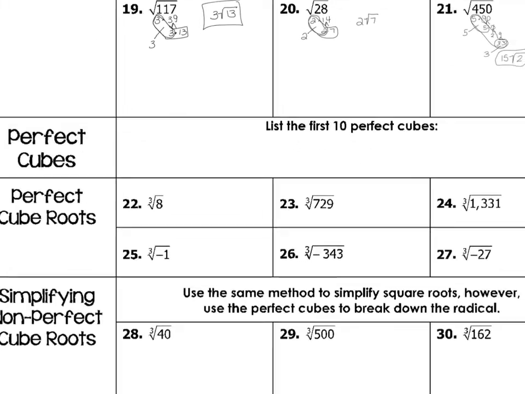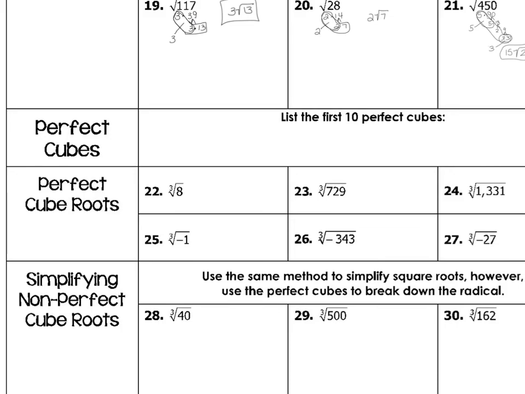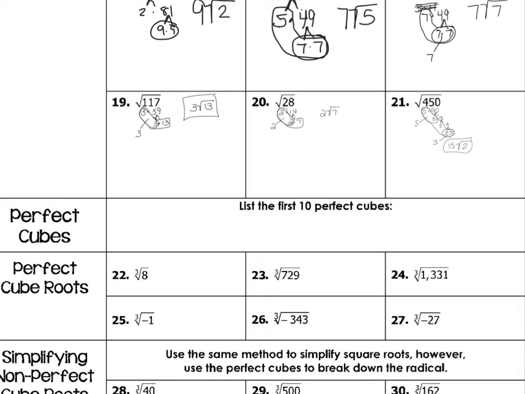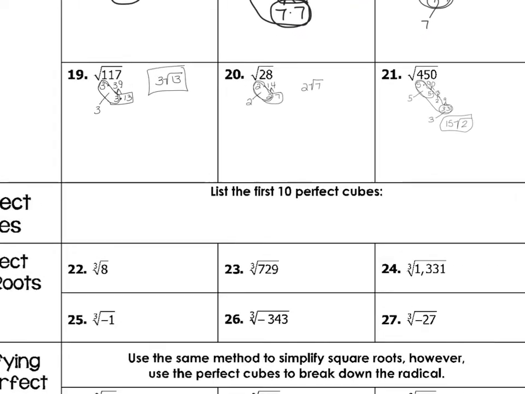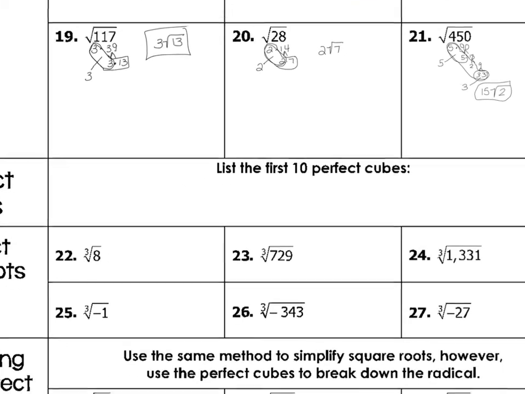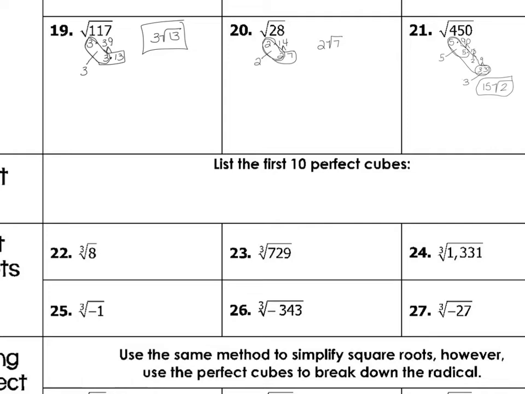Now, for perfect cubes, you're doing the exact same thing, but instead of pairing up to come out, they have to be in 3s to come out. But let's look at some perfect cubes. We don't use those as much. 1 times 1 times 1 is 1. 2 times 2 times 2 is 8. 3 times 3 times 3 is 27.